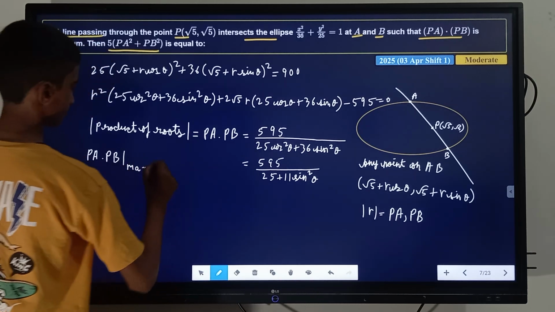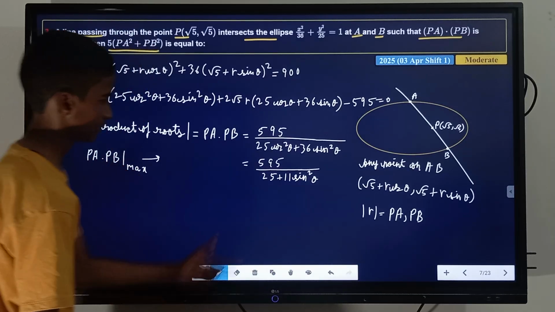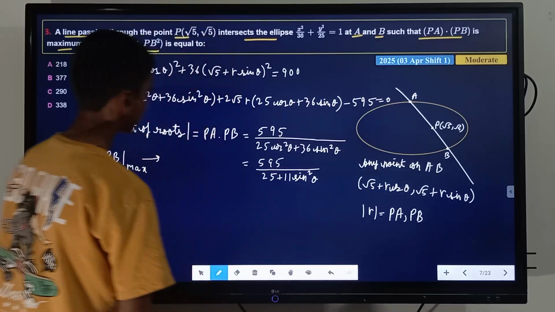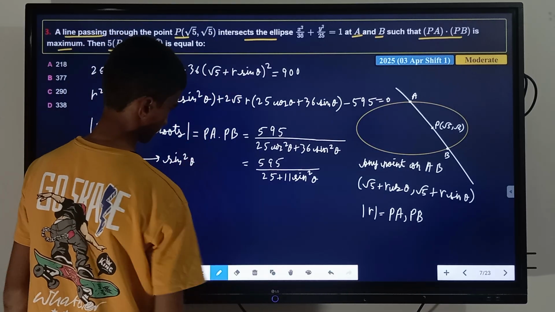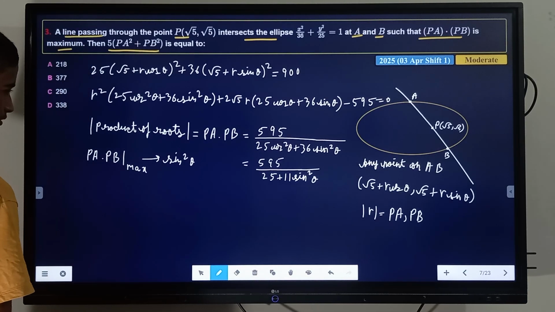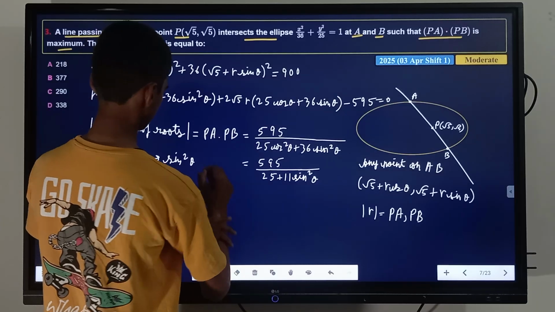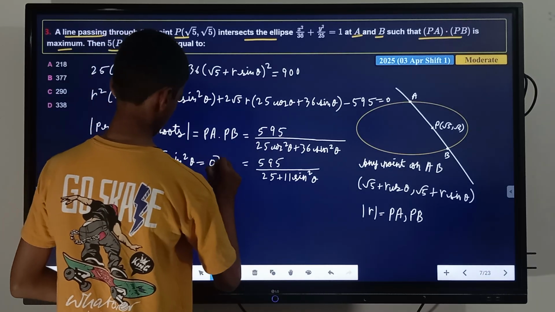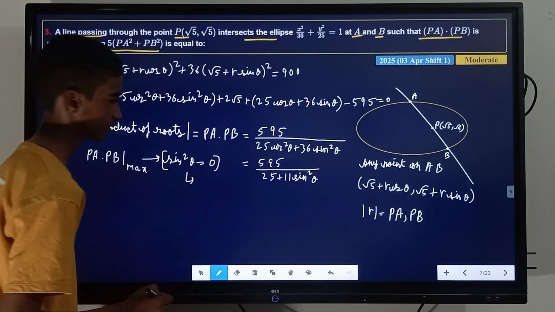If PA into PB is max, this means that the denominator of this fraction should be as less as possible. This is when sin square theta is equal to 0. If sin square theta is equal to 0, this means theta is equal to 0.